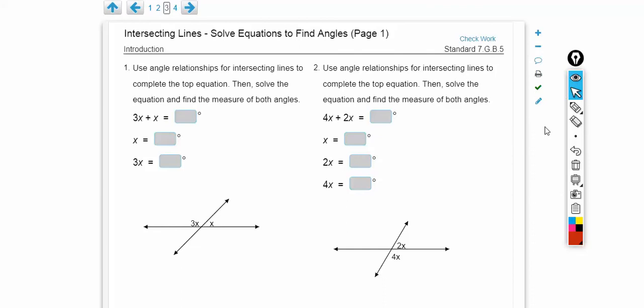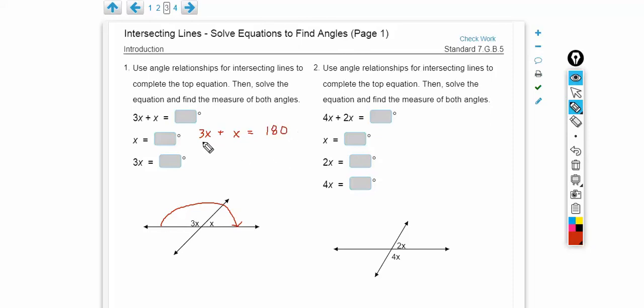Alright, so right here we have a straight or supplementary angle, so we know that 3x plus x are going to be 180.